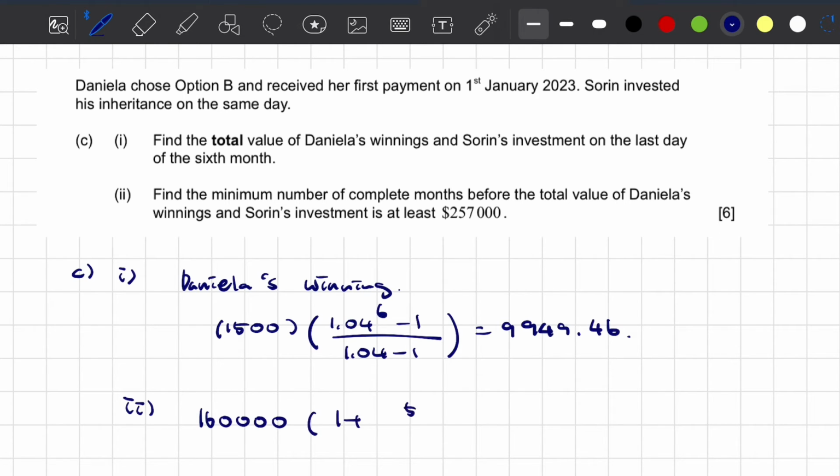Then for Soren, I'm using the previous question's formula to calculate Soren's investment. But since we are compounding for only 6 months, we have to use 6, right? Then we get about 16,041.89 as Soren's investment.